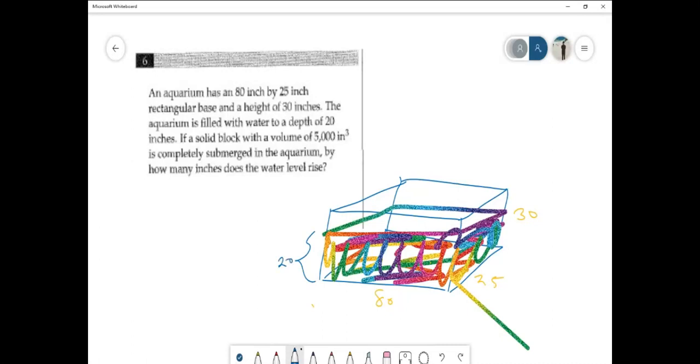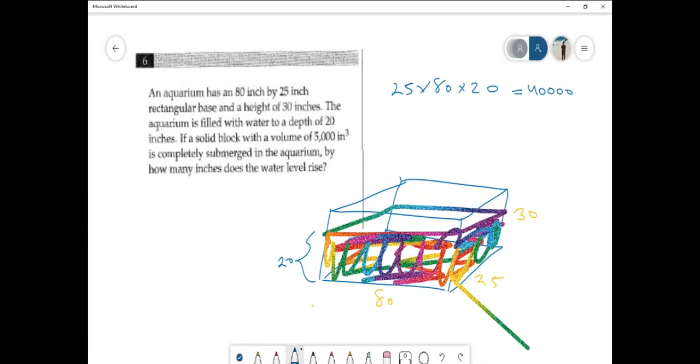Okay, so here we use rate. For example, what is the volume of water here now? We have 20 inches of water, and the base area is 25 times 80. If I have to find the volume of water, I have to multiply with the height of the water. Base times height, which is 20. I need to calculate this with a calculator.